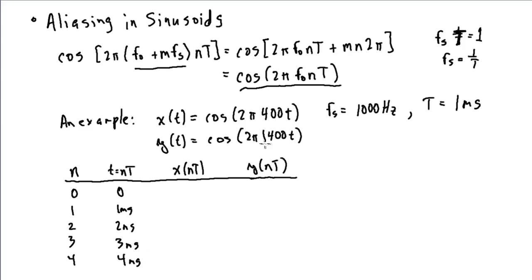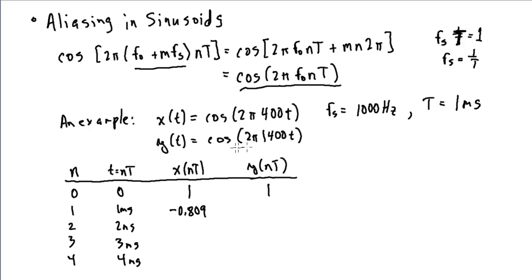So if I plug in t equals 0 here, of course for both of these I'll get 1, because cosine of 0 is 1. But if I plug in 1 millisecond into this expression for x of t and evaluate that on my calculator, I get minus 0.809. Maybe a little bit surprising, and you should verify this.